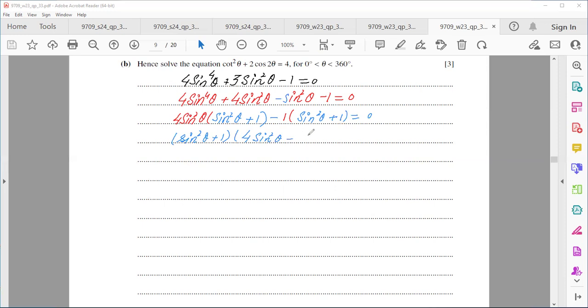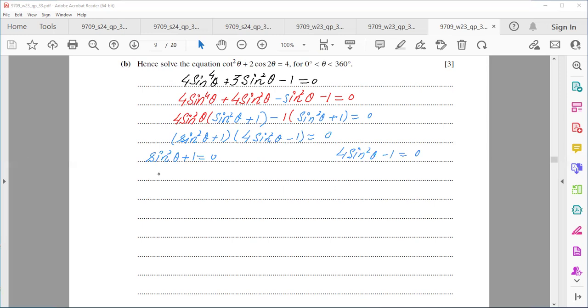minus 1 over here. When we have two factors and both factors multiplying give the answer 0, this means the first factor you have to put equal to 0 and the second factor you have to put equal to 0. So the first factor is sine square of theta plus 1 is equal to 0, and the second factor is 4 times sine square of theta minus 1 equal to 0.